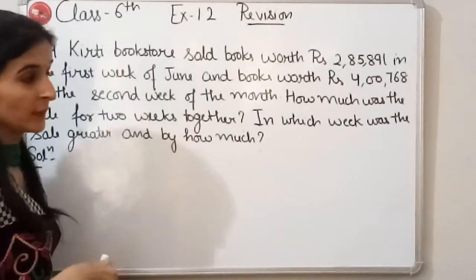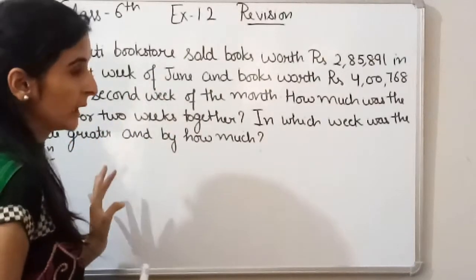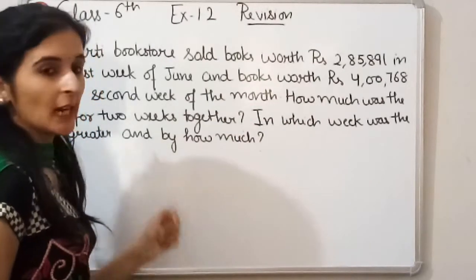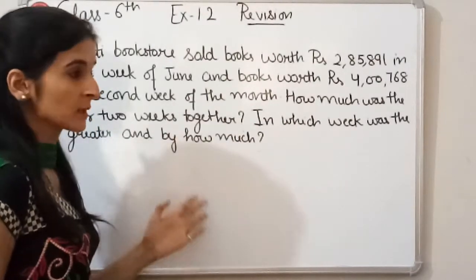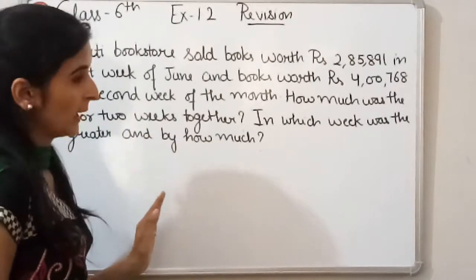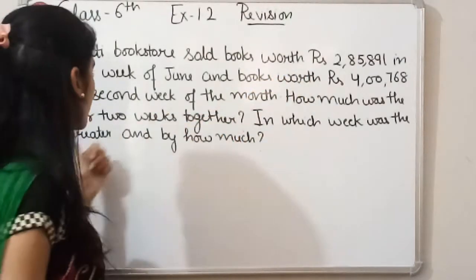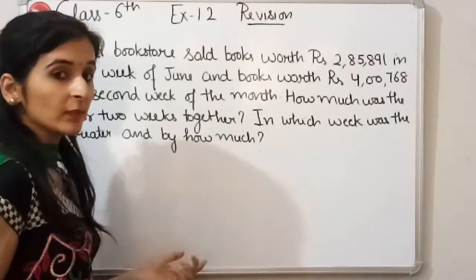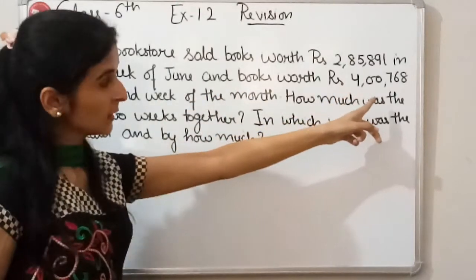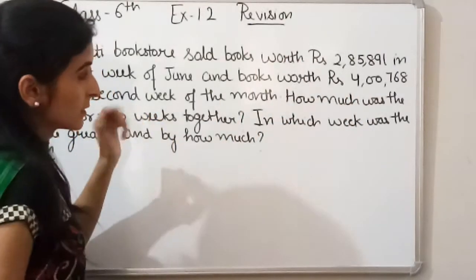So first of all, what are we given? We are given the price of books sold in the first week and the price of books sold in the second week. First we have to find the total price of books sold in these 2 weeks together.